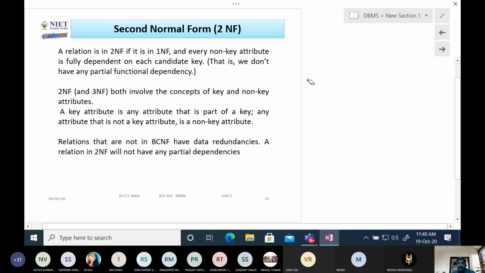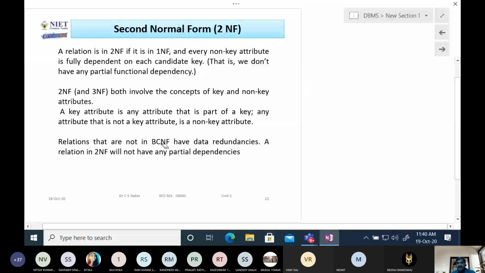There may be multiple candidate keys, and those attributes are called non-key attributes, and the attributes which are involved in the formation of any candidate key of R are called prime attributes or key attributes. So a key attribute is any attribute that is a part of a candidate key. Any attribute that is not a key attribute is a non-key attribute.